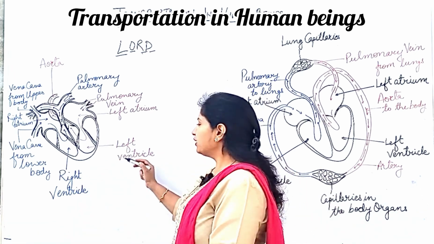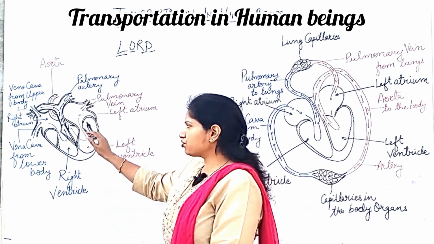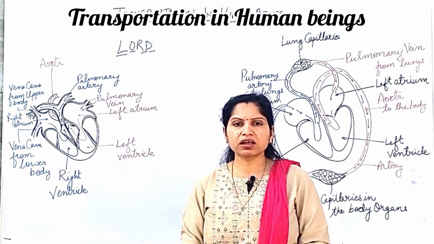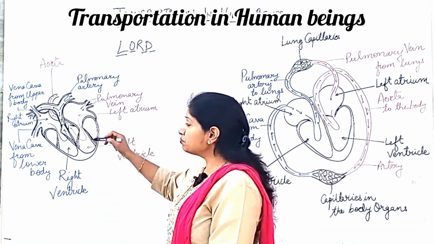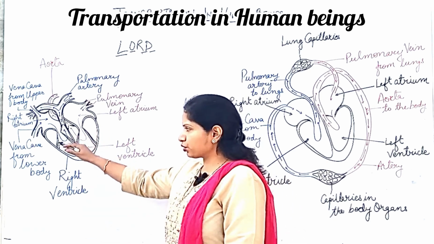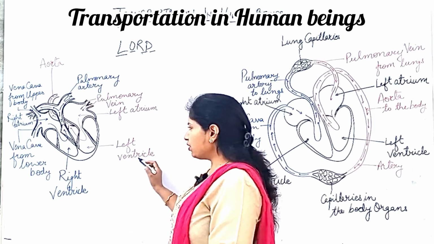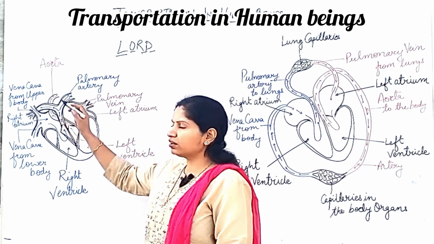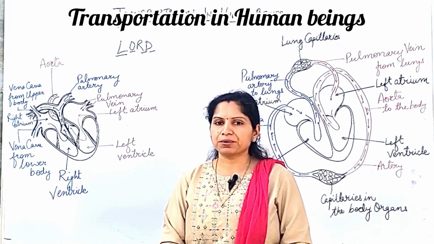When the left ventricle contracts, the valve between the left atrium and ventricle is going to be closed, and here you can see these lines. These lines are the muscles that help in the closing and opening of these valves. So from the left ventricle, the blood passes to the aorta, and passing through the aorta, it reaches each and every cell of our body.